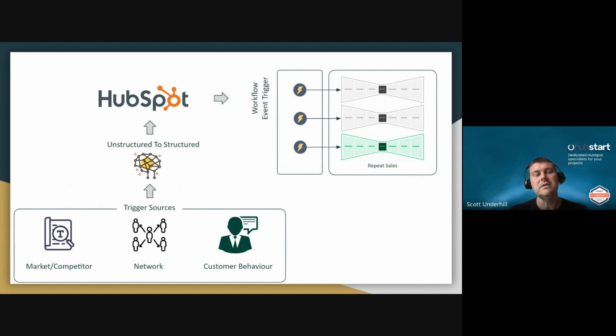So let's look at how we can structure this as a way of upselling. Here we talk about different sources. We talk first about customer behavior. With customer behavior, we're actually talking about the person. What is the person talking about on their social media? What are they writing, posting, commenting on, to see how they're behaving?